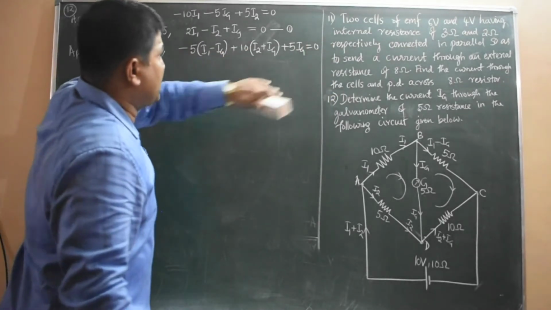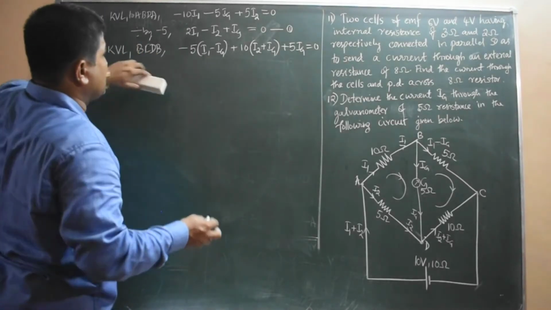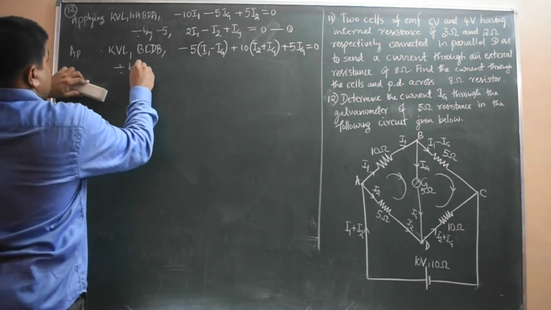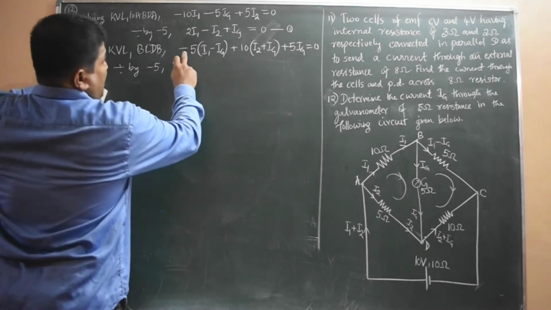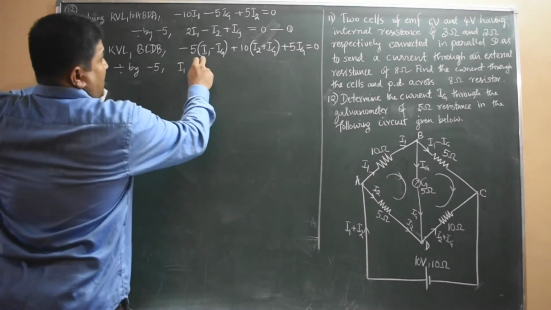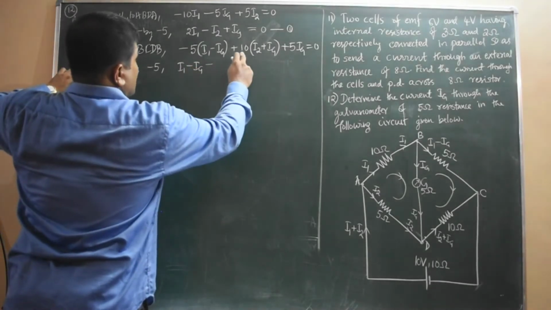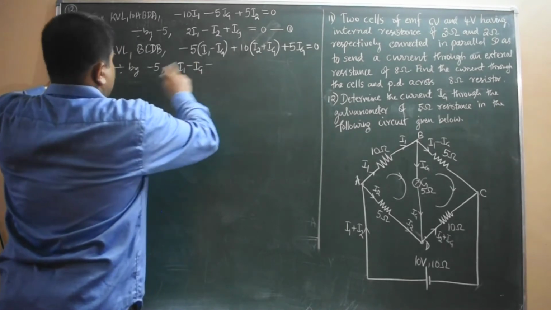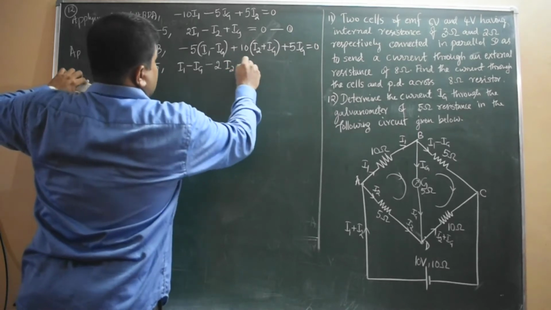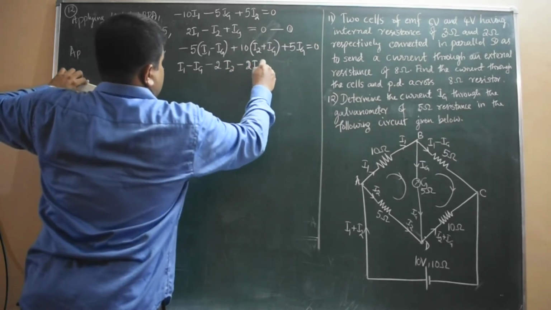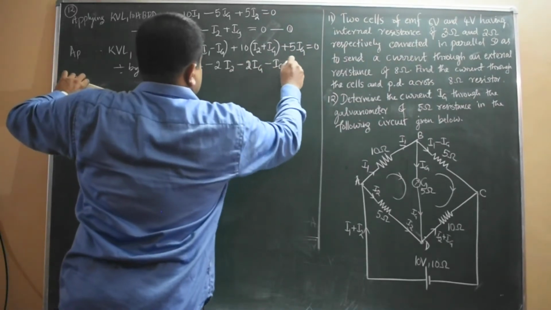Now again 5 is the common factor. I1 is negative, so dividing by minus 5 throughout the equation, the minus 5 cancels and we are left with I1 minus Ig. Then here 10 divided by minus 5 is minus 2, so minus 2 I2, minus 2 Ig, then 5 by minus 5 is minus Ig, equal to 0.